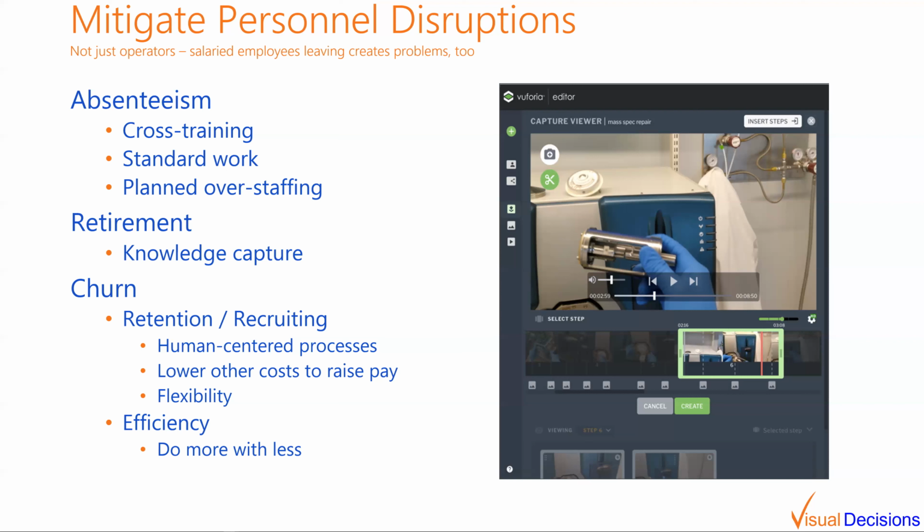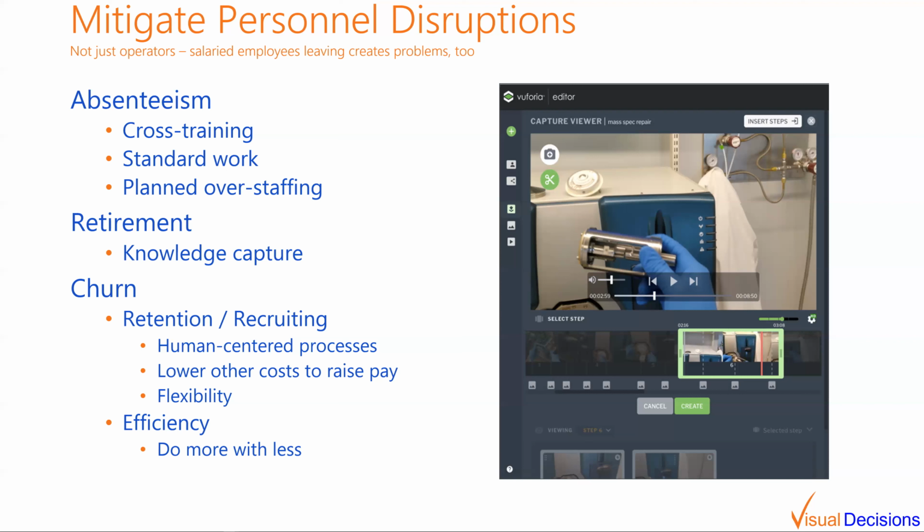And then maybe, instead of running at the edge of efficiency, plan to overstaff a little bit, knowing that a fair percentage of the time some of those people will not be showing up for work because you have the absenteeism.